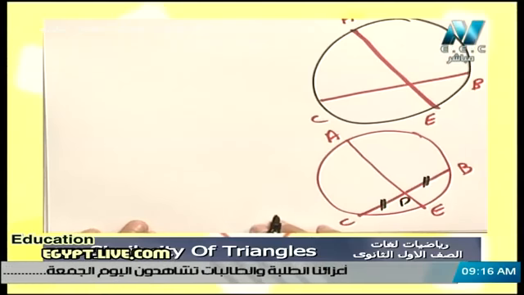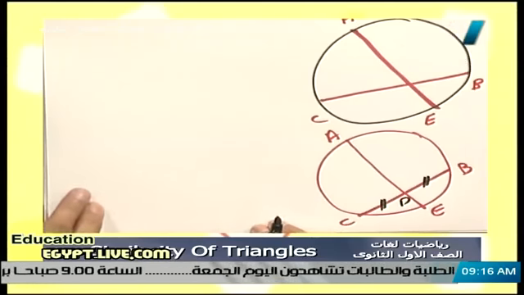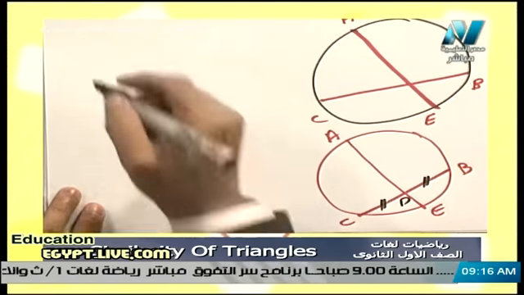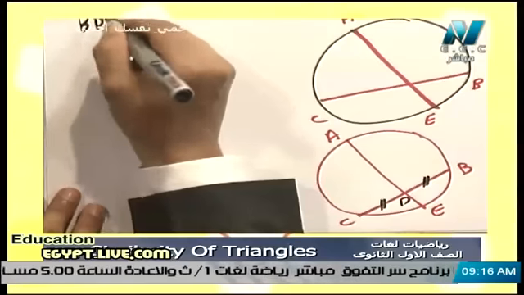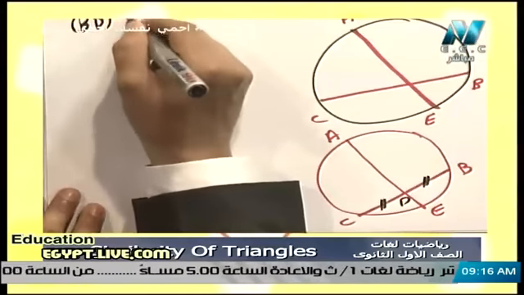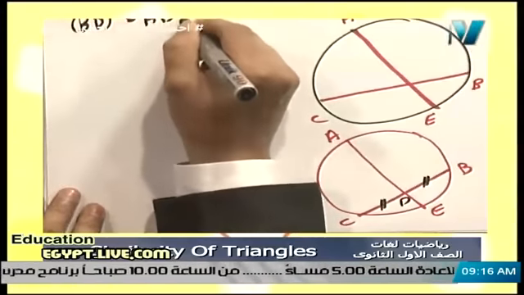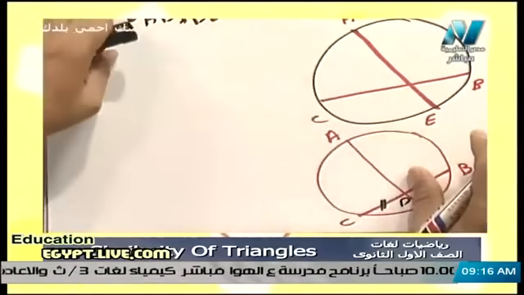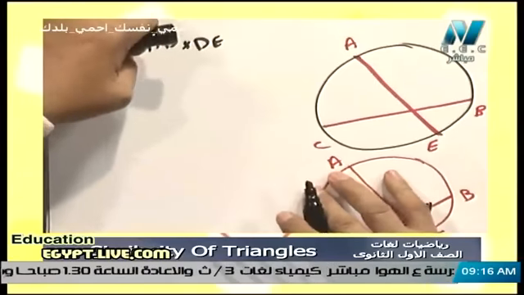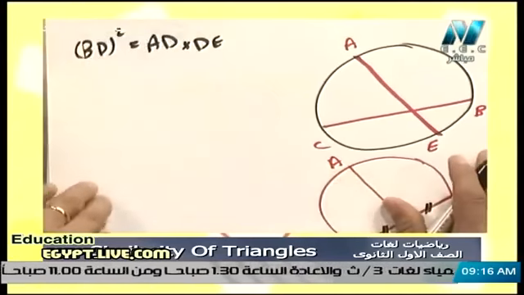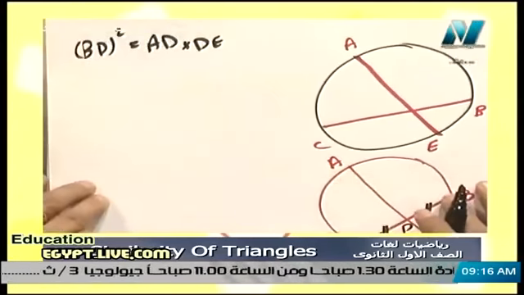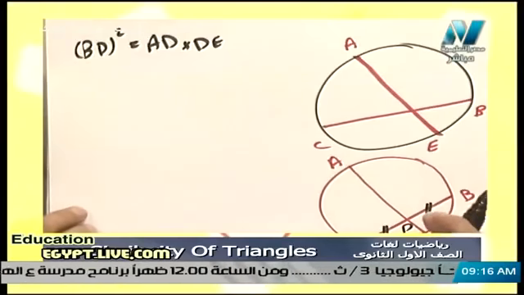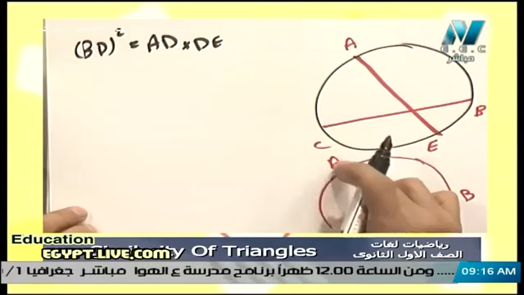and the request is to prove that BD power 2 equals AD multiplied by DE. Okay. Let's move about BC and EA.